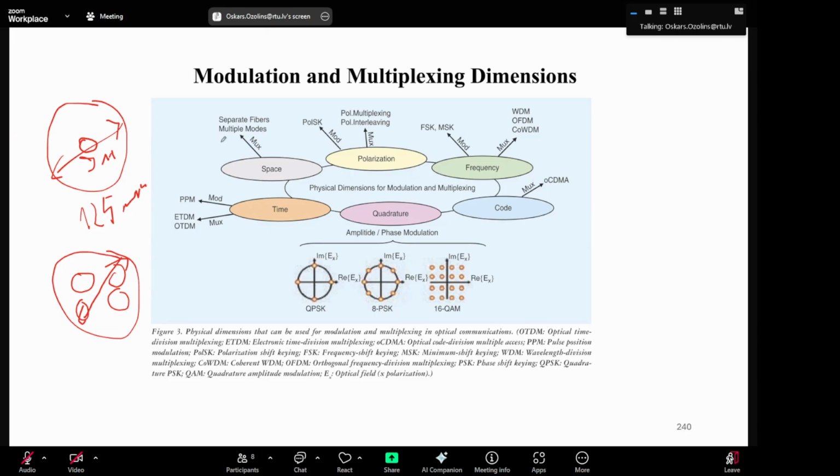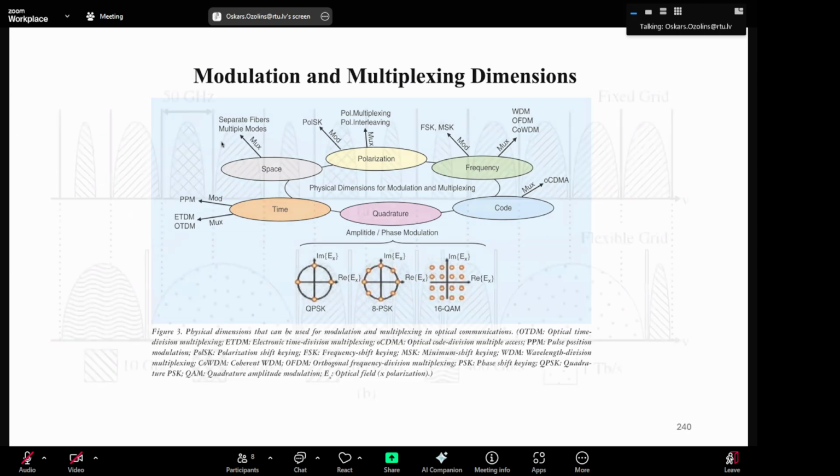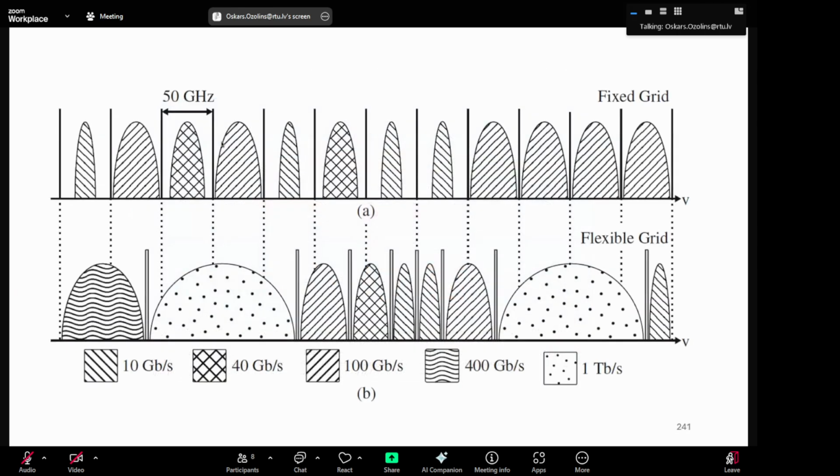Right. And then there's also one more thing you can do. When you do these wavelength division multiplexing systems and you are operating communication systems with different generations of these wavelength channels, it can be a situation that 10 gigabit, 40 gigabit, 100 gigabit, 400 gigabit, and terabit coexist in one fiber.